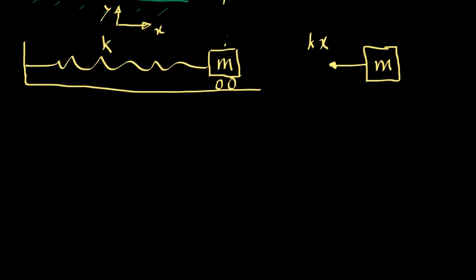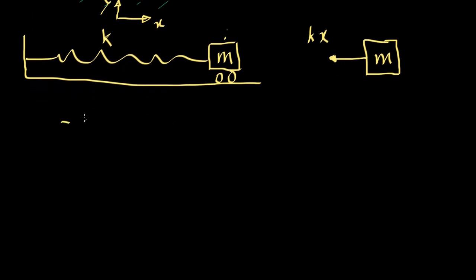So we are going to have minus kx in the i direction equal to the sum of all the forces. We just have one force here. It's equal to m a_x in the i direction. We can drop the i vector here because everything is 1D.